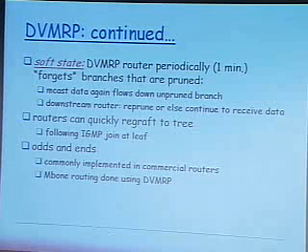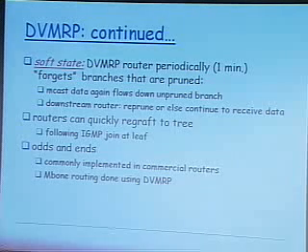DVMRP is implemented in most commercial routers from Cisco. And MBone is an overlay network developed on Internet and Internet 2, primarily research institutions, multicast backbone, and that uses DVMRP to multicast streaming media presentations.